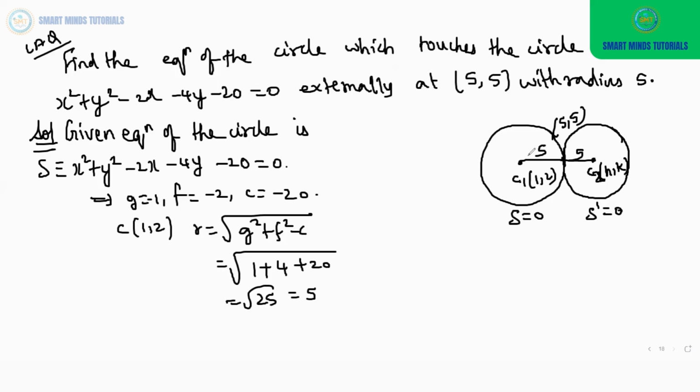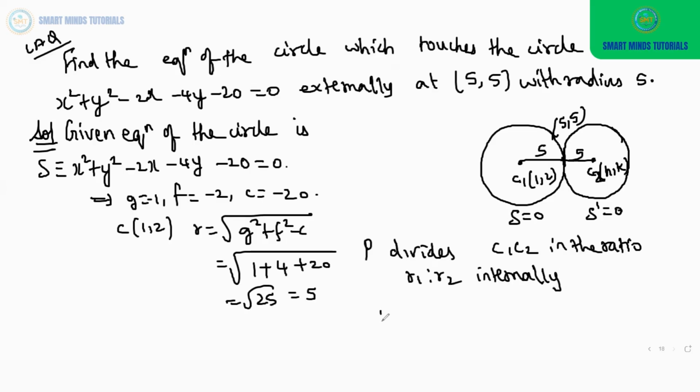Now the point of contact is also given to us. We know that P divides C1, C2 in the ratio r1 is to r2 internally. Means in the section formula we get a plus sign: (m x2 plus n x1) by (m plus n), (m y2 plus n y1) by (m plus n).